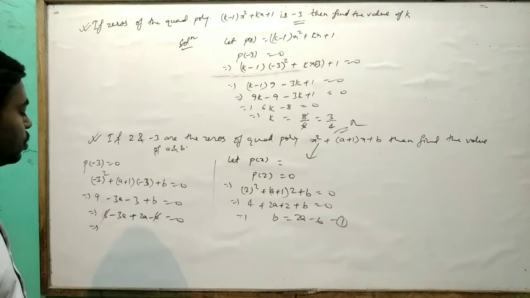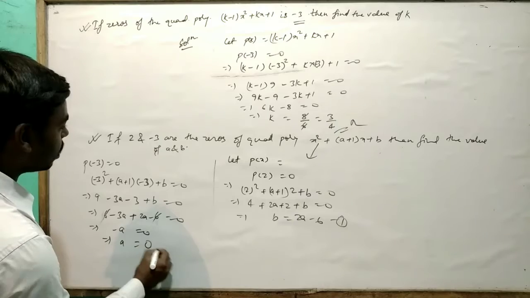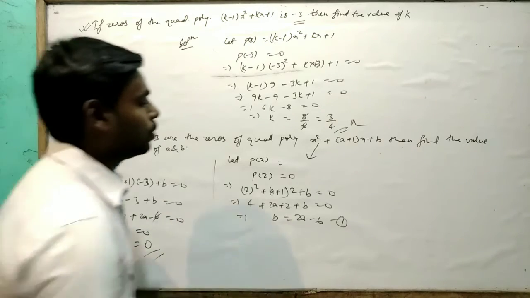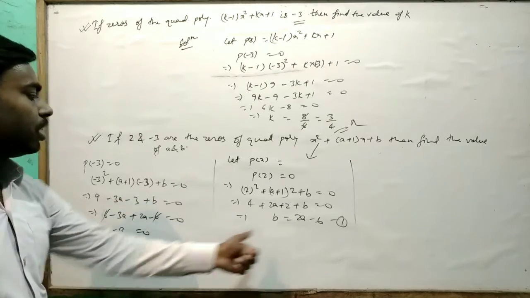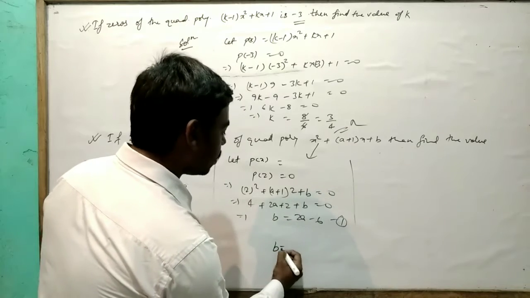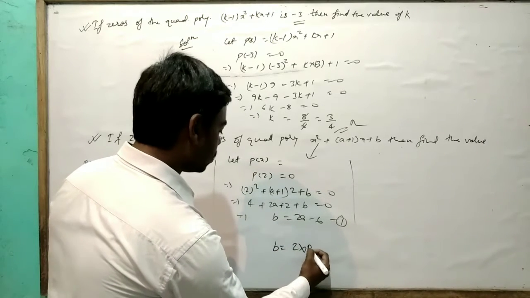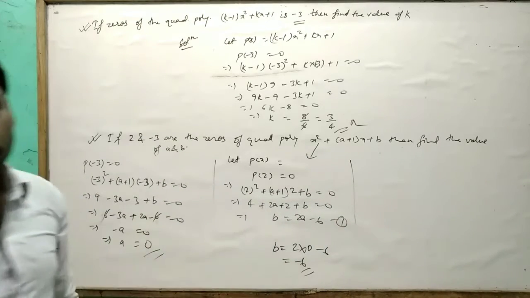Minus 3a minus 2a is minus 5a... so a is equal to 0. Now we put the value of a in equation first. Then we get b is equal to minus 2 into 0 minus 6, which is minus 6.